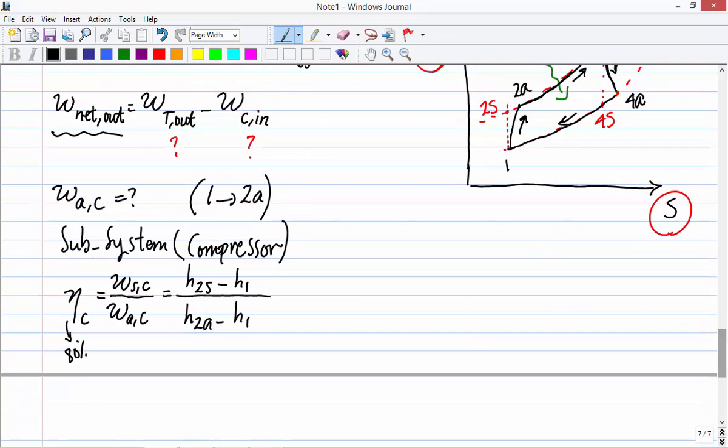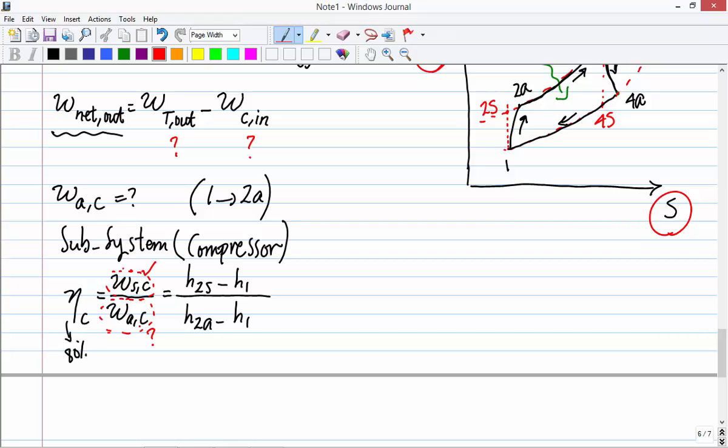Using the summary table and the property tables, we can solve for the isentropic case. I'll show you. But still, we're looking for the actual work. So if I use the tables and solve for WSC, the compressor's isentropic work, put it there, then I can solve for WAC.